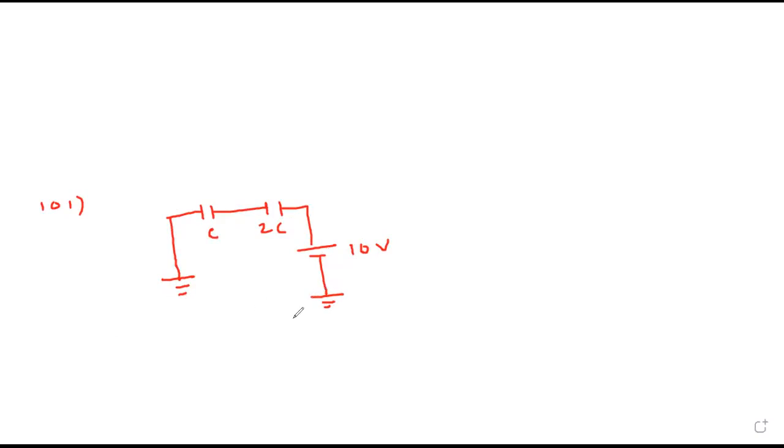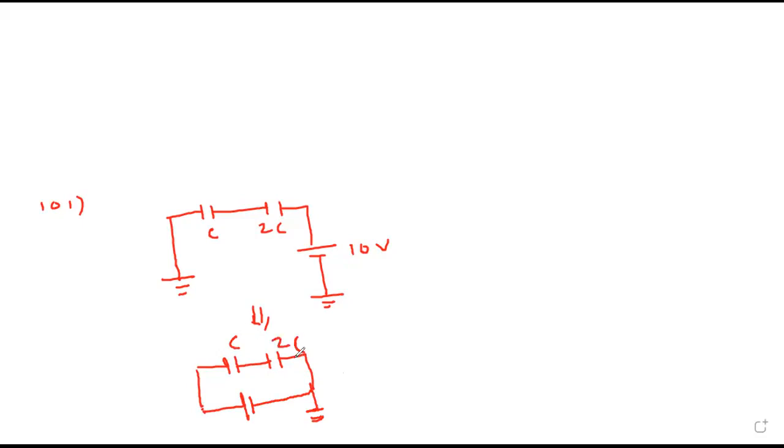C and 2C, then 10 volt. The same you can draw like this. One condenser, second condenser, both are earthed together. So this is one battery, together it is earth, one and the same. When I join this, this is together.